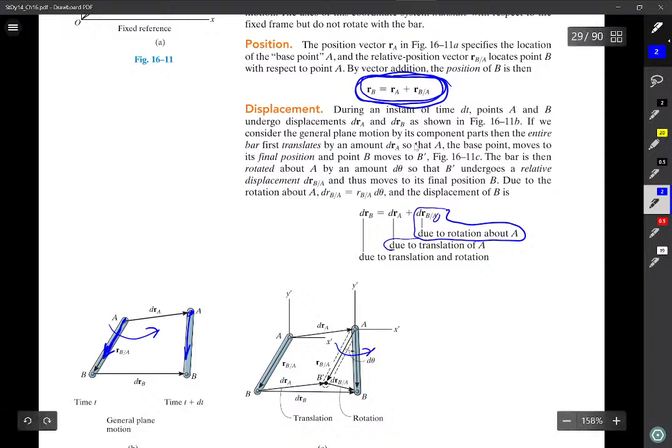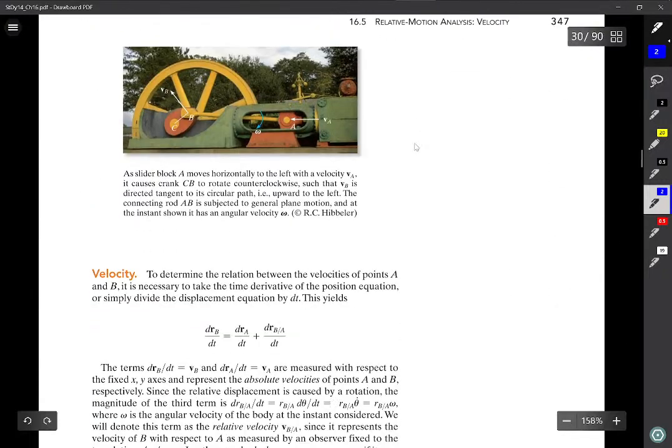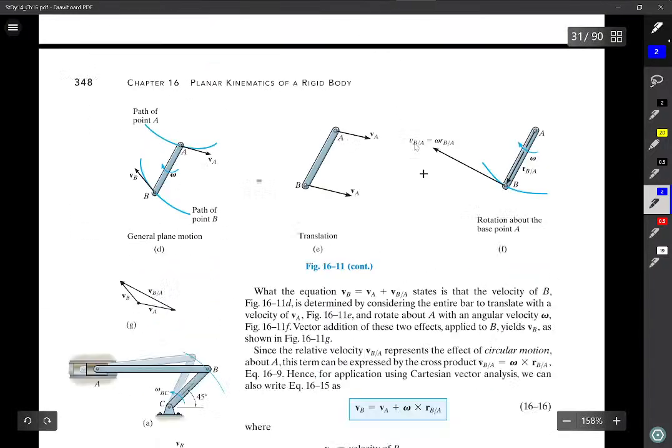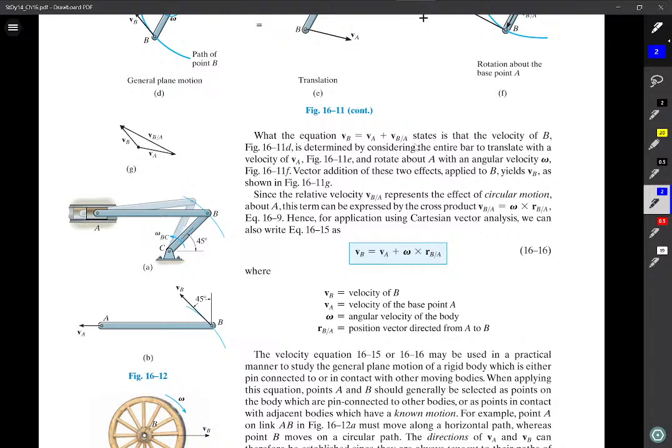So if you have the equation of motion or some information about the translation of A and the rotation of the link, then you can determine the information about what's happened to point B, the other point on the link. The implications are when you go to the velocity, you will find something very interesting, and this is what you find out.